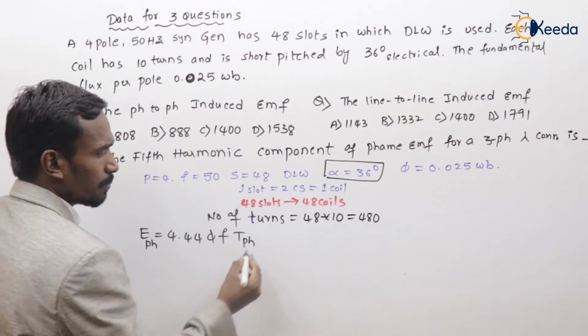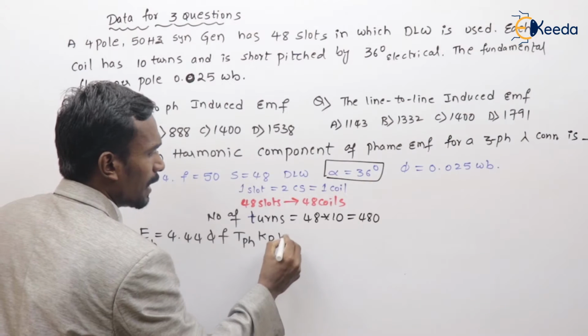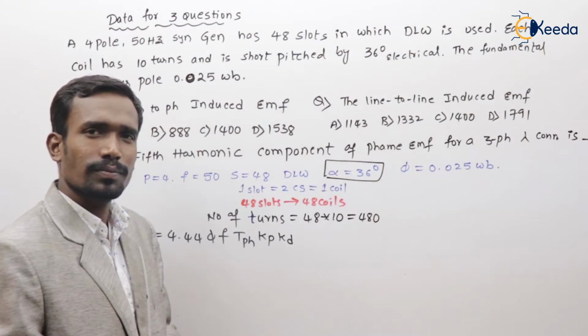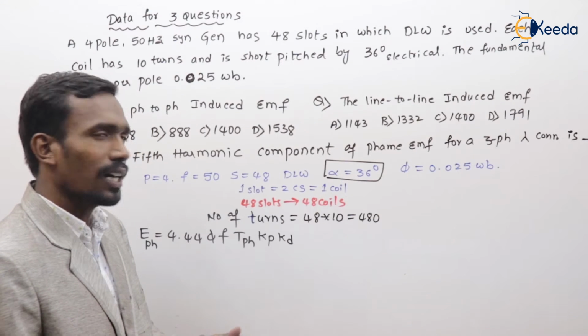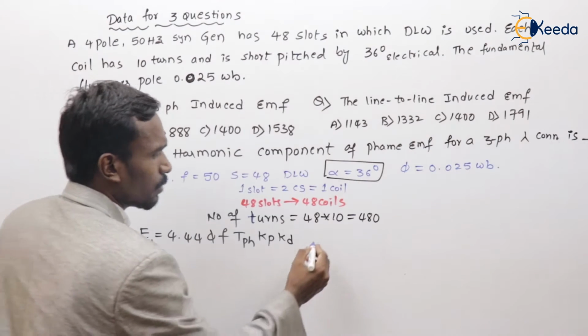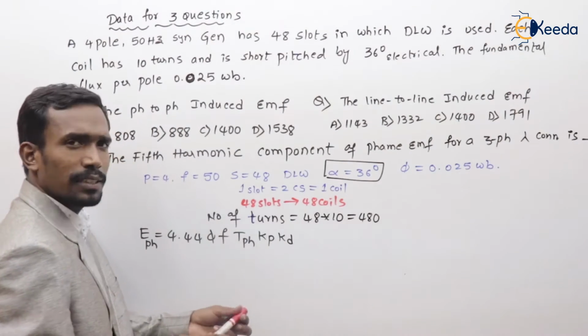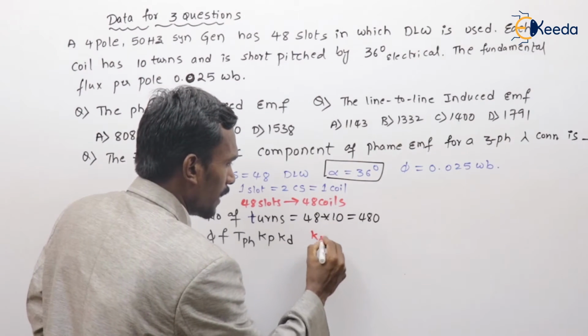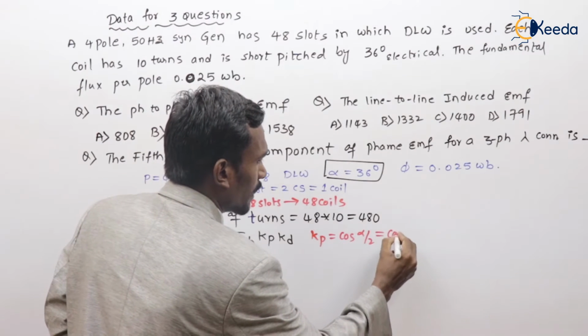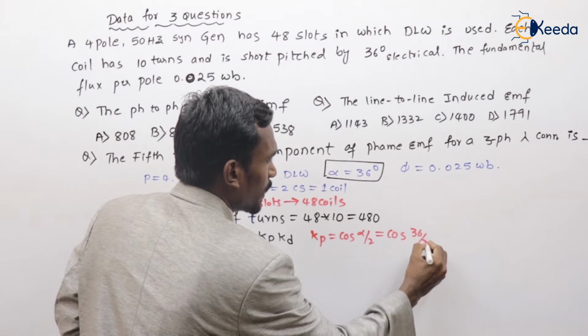Turns per phase multiplied by Kp and Kd. First we have to find Kp. Tell me, Kp is equal to how much? Kp is equal to cos alpha by 2, that is cos 36 by 2.